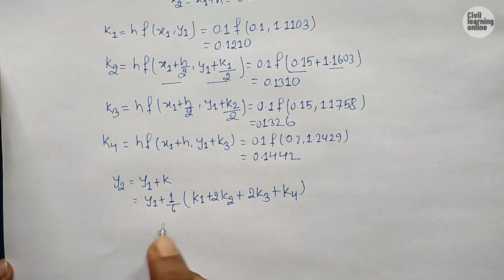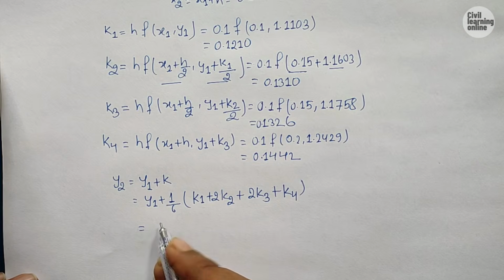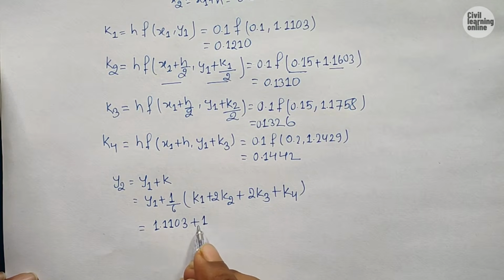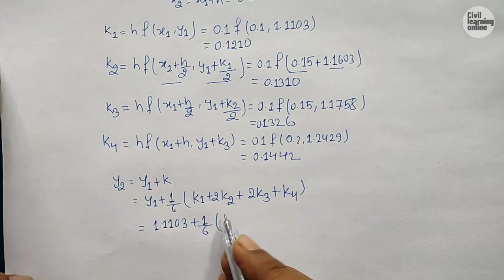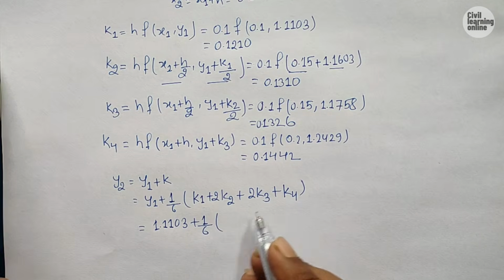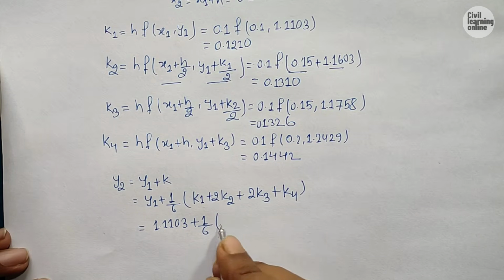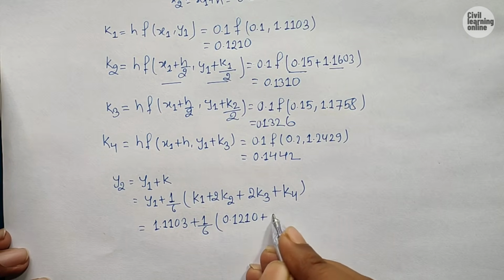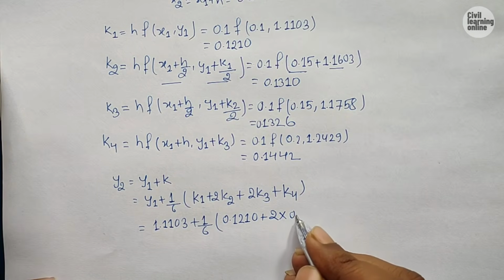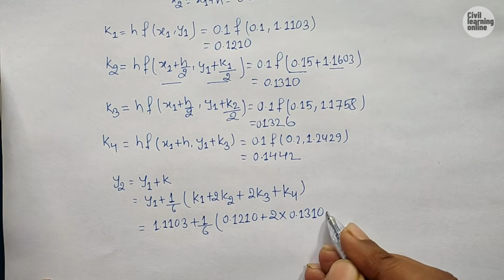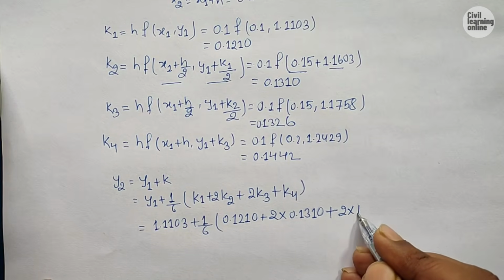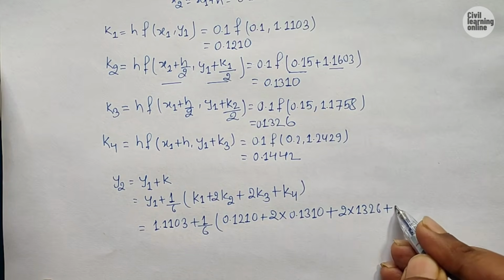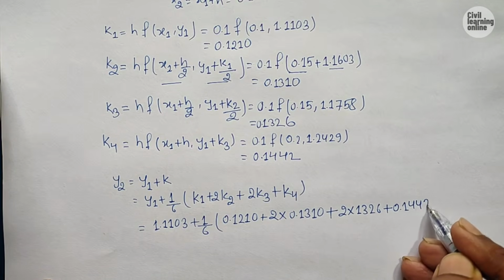Now put the value: y1 equals 1.1103 plus 1 by 6 times (k1 plus 2k2 plus 2k3 plus k4), meaning k1 is 0.1210 plus 2 times k2, 0.1310, plus 2 times 0.1326 plus 0.1442.